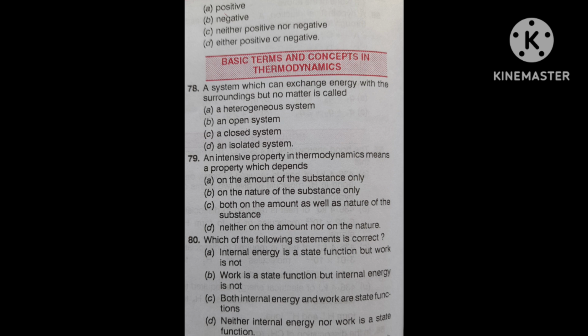But if it is restricted so that only energy is exchanging, not the matter, then it is a closed system. Hence the correct option is a closed system, option C.